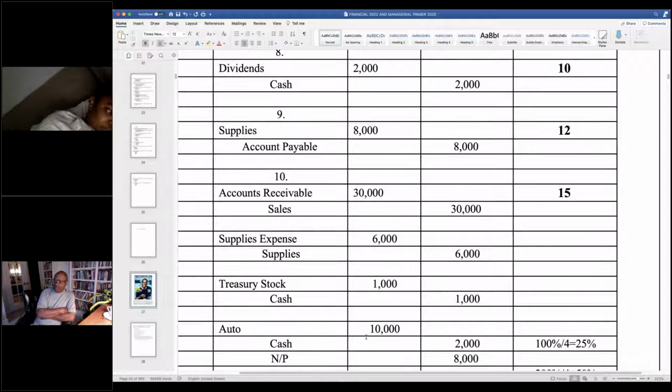Calculate the depreciation and give me the adjusting entry for depreciation. Now, does everybody understand that?